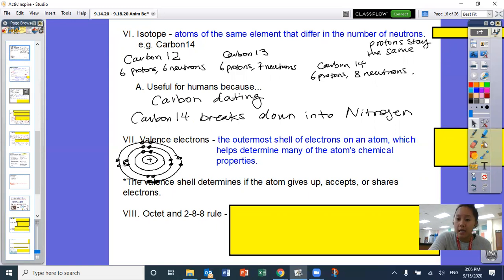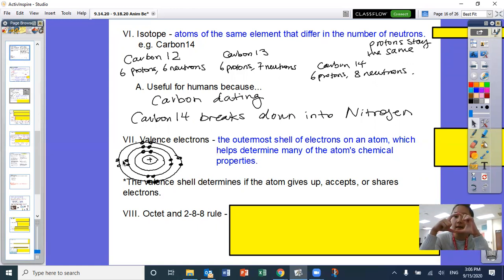So the closer you are to 8, the more likely you are to take electrons and have a higher electronegativity, right? You have a high affinity for electrons because you want them so bad to fill up that 8. Now, if you only have 1 or 2 on the outside shell, you would probably rather just give them away and have a positive charge, because if you give them away, then you'll have the octet from underneath revealed, because your ones on the outside that were just kind of unstable are now gone.